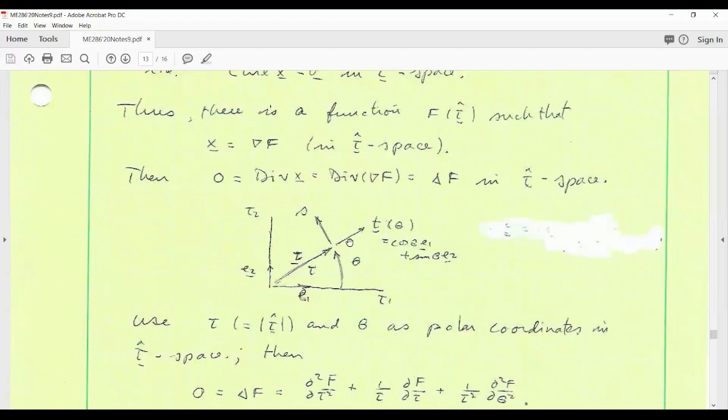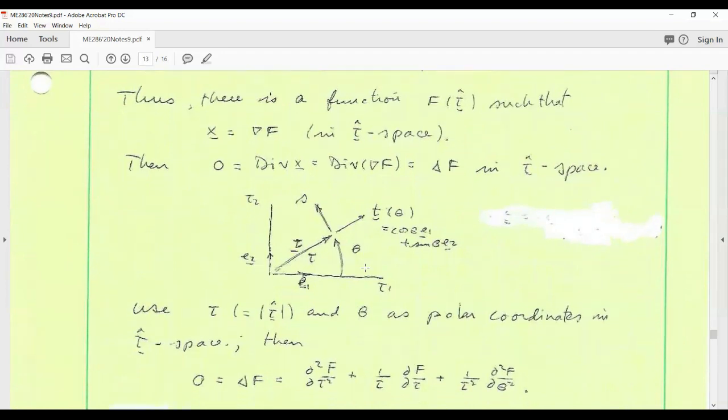Remember, tau hat was aligned with the unit vector t, which in turn was oriented by this angle theta. So naturally, we should take theta as the polar angle in stress space, not phi. That differs from theta by pi over 2, if you remember. But we could write tau, position in stress space, as its norm, the radius tau, aligned with the unit vector t of theta. Okay, so we're effectively using polar coordinates in stress space.